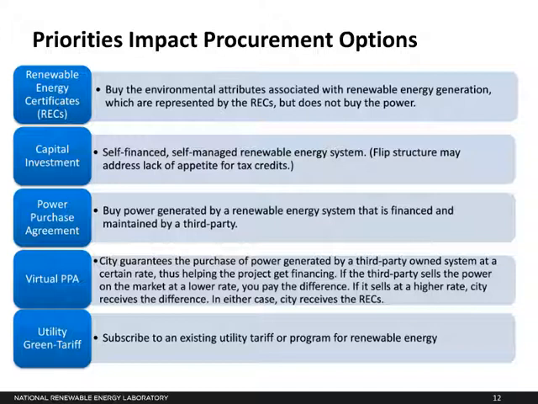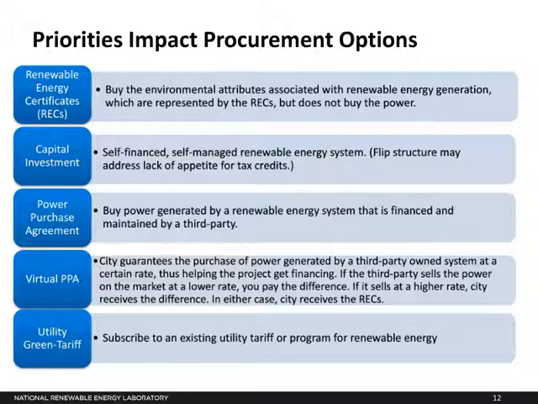If your top priority is to catalyze new projects to be built, for instance, the purchase of RECs is unlikely to be the best option to meet your procurement goal. As mentioned before, however, it would be a good option for balancing procurement with varying demand. But remember, you can't claim the environmental benefits of the renewable energy certificates if you resell them. You must retire them, that is, hold on to them.